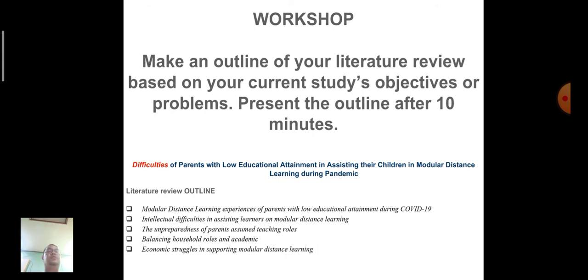Usually the introduction is worth one page, and the literature review is worth one page as well. So for one page, make the most of it to write your literature review, and you will submit it in the reply section of the tab that I will label as submit your literature review here, and then you will reply with your submissions.